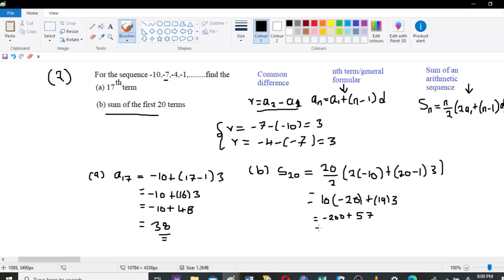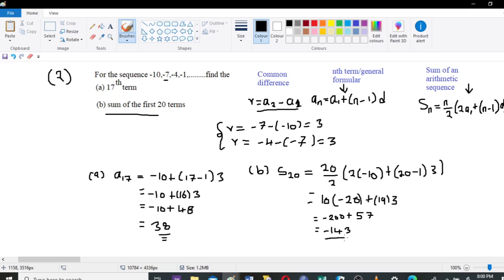So you are getting that. So that's negative 200 plus 57, that will give you negative 143.